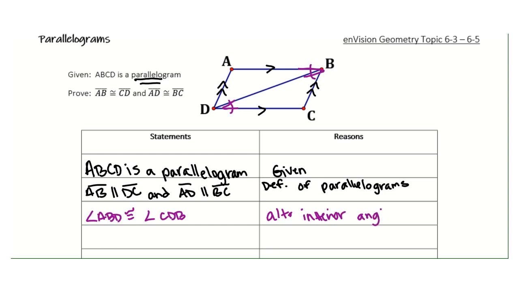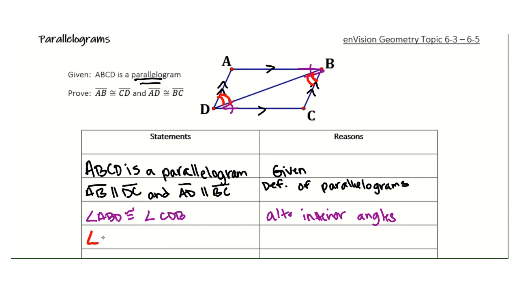My pen's not cooperating with me, but you'll get the idea. And let's see, what else do I know? I can also say that angle CBD, so this angle right here, is congruent to angle ADB, also by alternate interior angles.